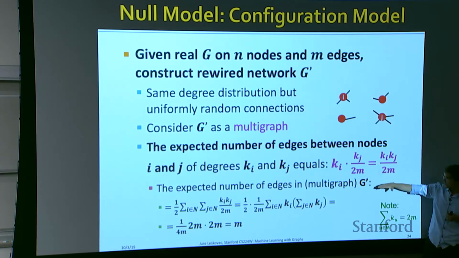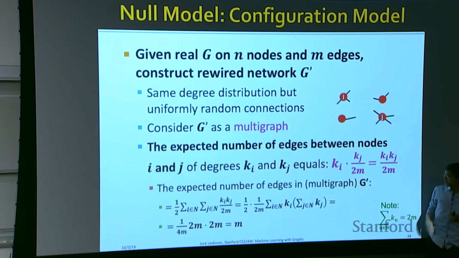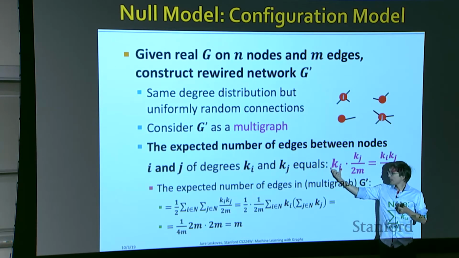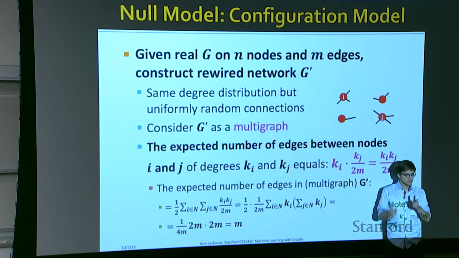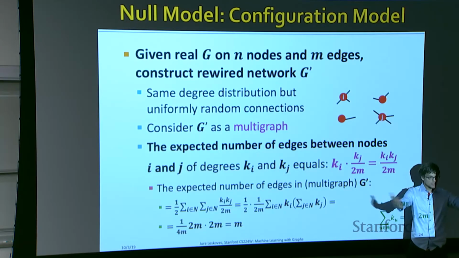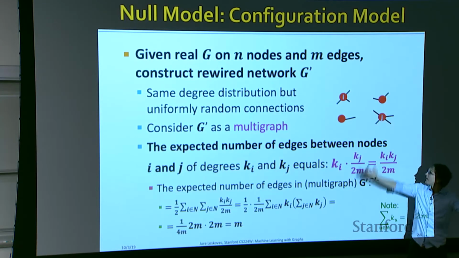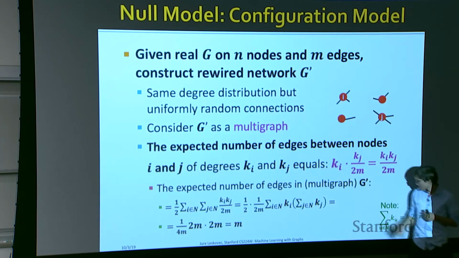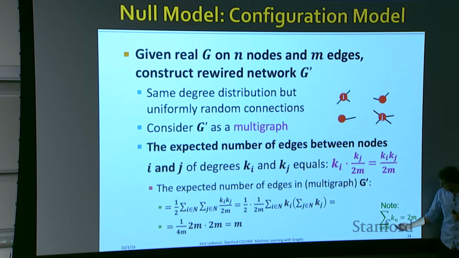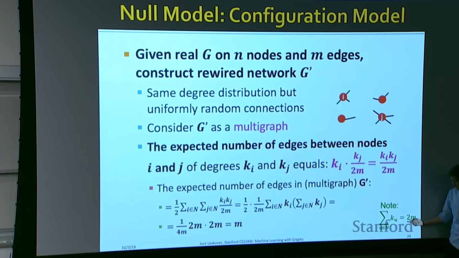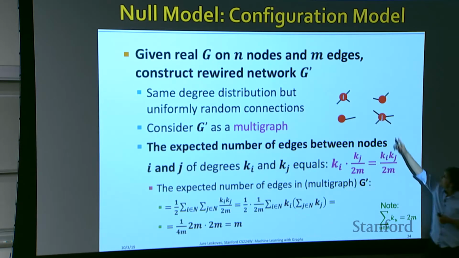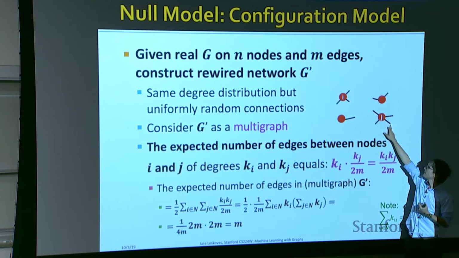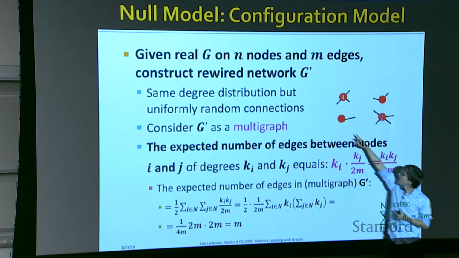Let me first explain how you derive this equation. Node i has k sub i spokes pointing out. What is the total number of spokes available for me to connect to? It's 2 times the number of edges. The important thing is that the sum of the node degrees is twice the number of edges, because if I sum up the degrees, every edge gets counted twice: there's one endpoint and there is the other endpoint.